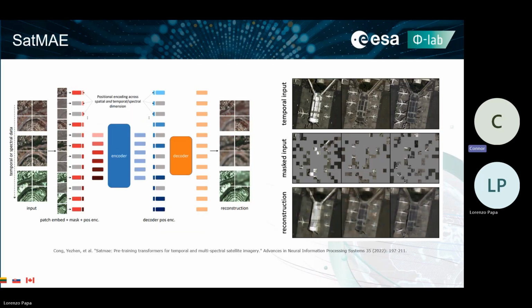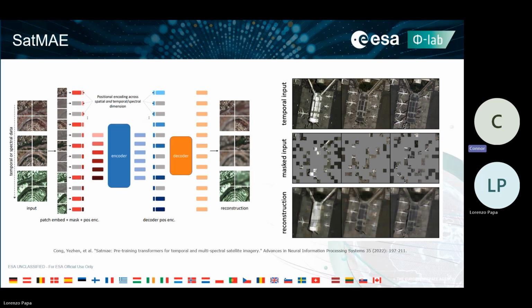Why can this task be quite important? Because you can imagine what happens with satellite images. On satellite images, this generative AI pipeline is quite important, because it might happen that you want to reconstruct an image of an airplane, an airport, whatever it is, but you don't have the needed information.